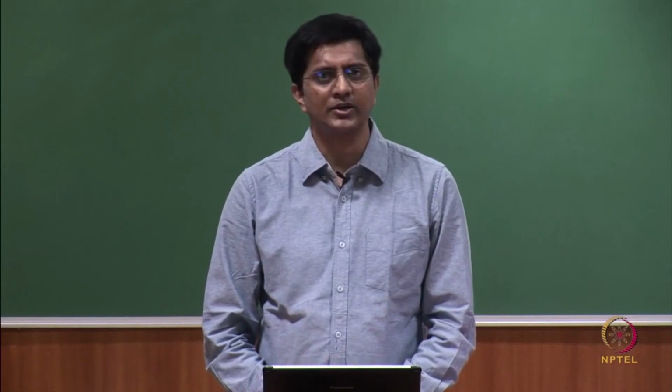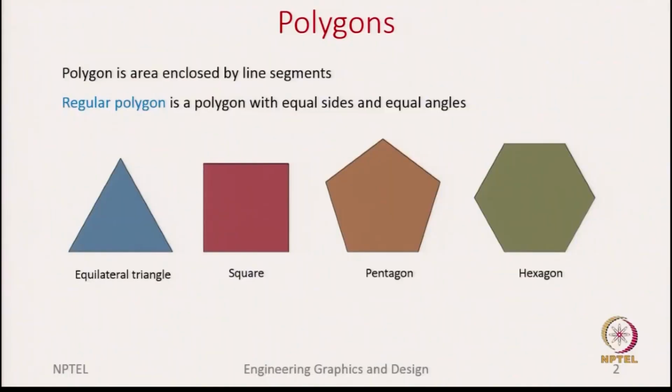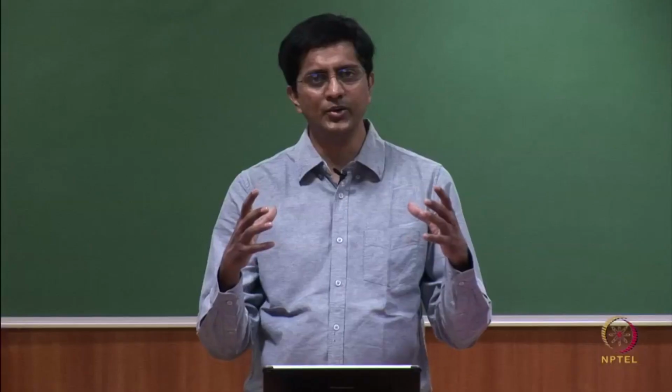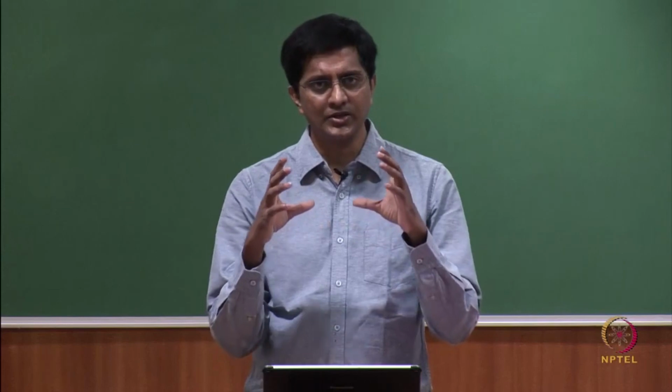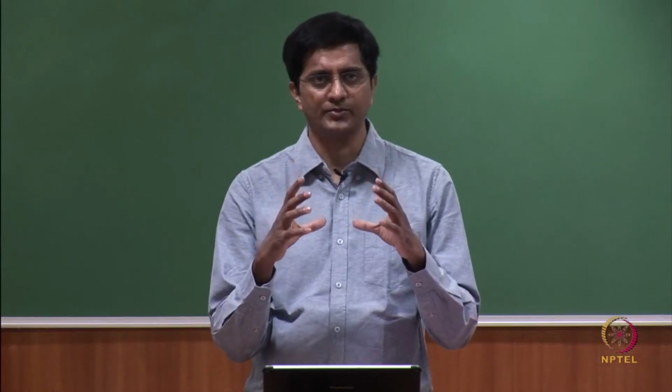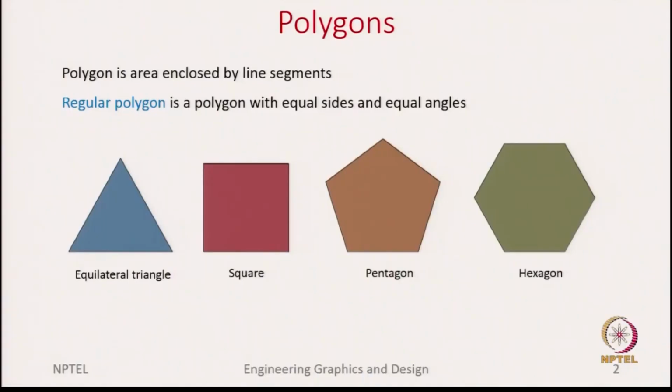So, let us start with this very basic introduction to polygons, which I guess most of us already know. But just for continuity as well as to keep everyone on the same page, we know that a polygon is an area enclosed by line segments. Essentially, if those line segments are all continuous and closed, then they enclose an area which we call a polygon. And within this class of polygons, we have regular polygons, where we say that they have equal sides and equal angles.